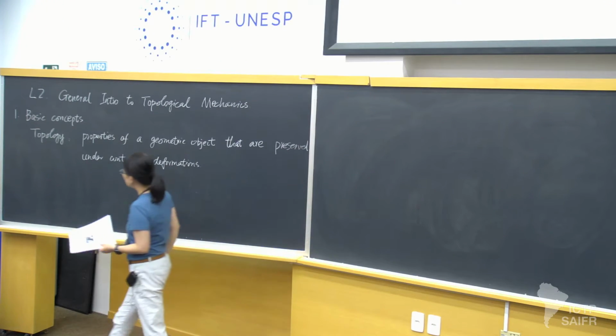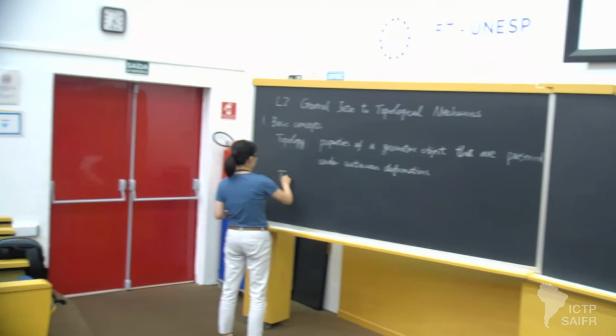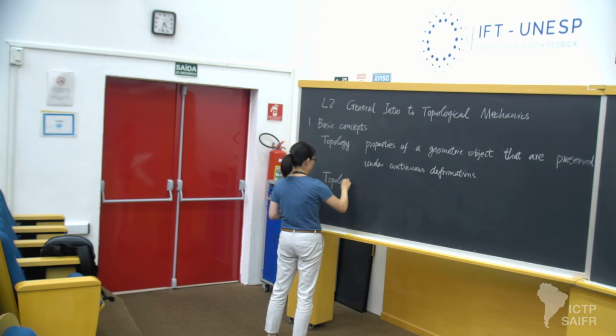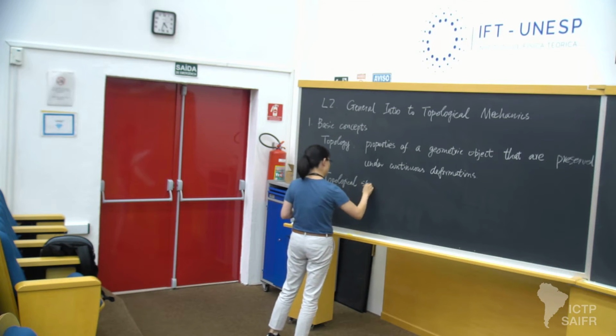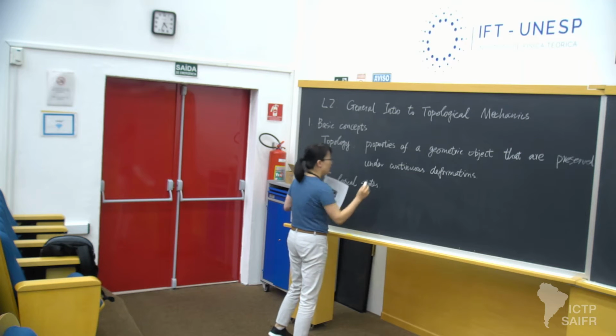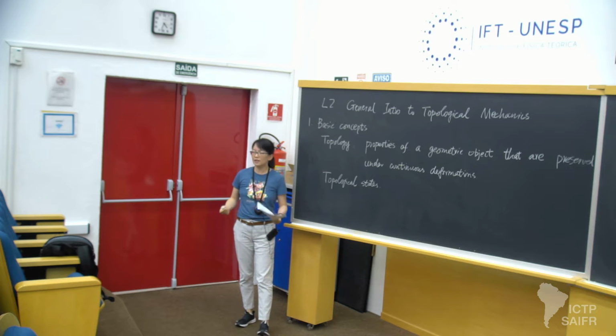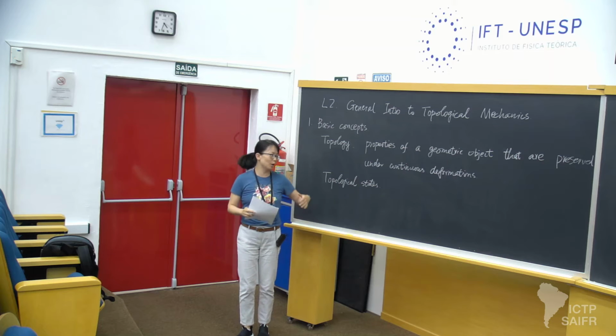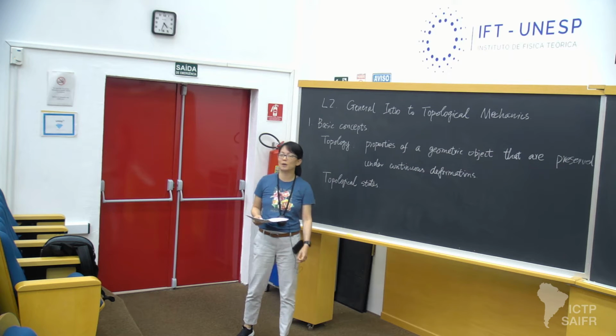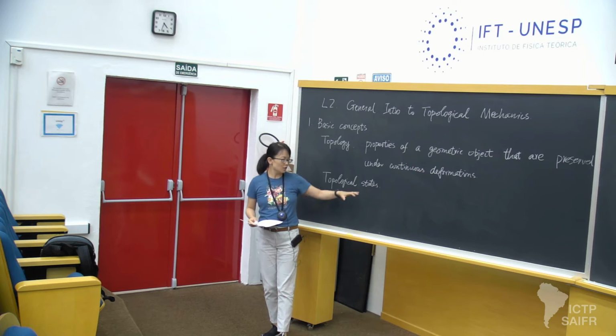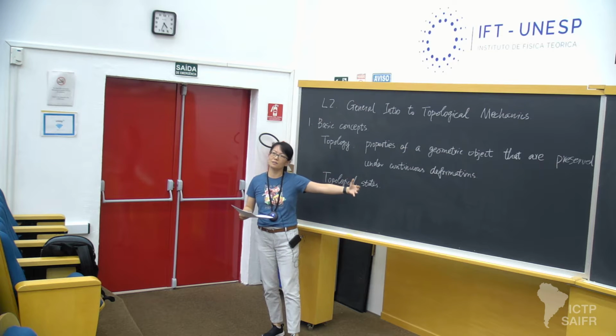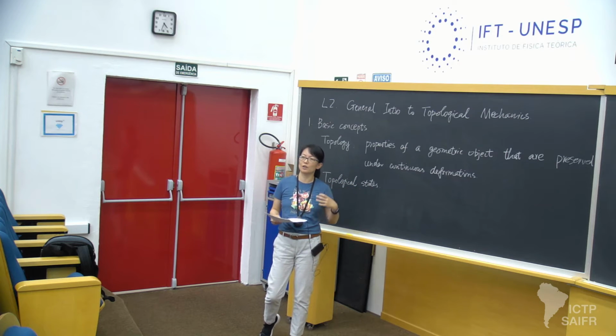So then what is topological states in general? We know that topological states nowadays is a very popular topic in the study of condensed matter physics. So in general, there are many branches of studying topological states.